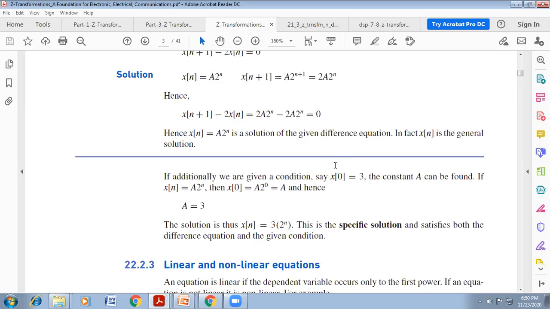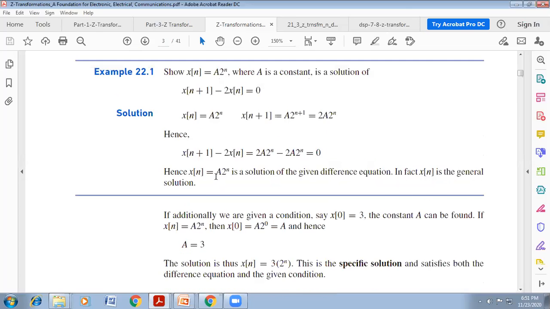Now imposing this initial condition on the above difference equation, the constant a can be found. xn equals a into 2 to the power n is the solution of the above difference equation.